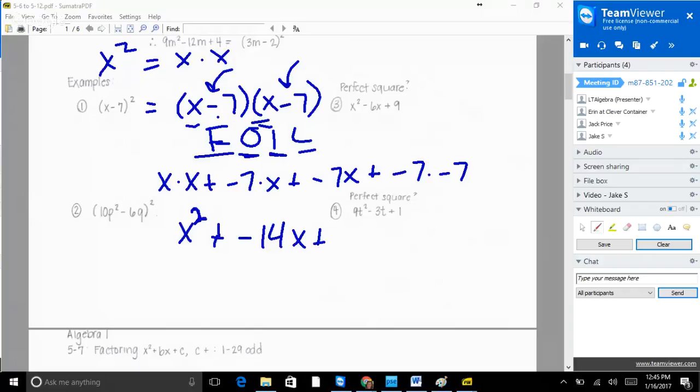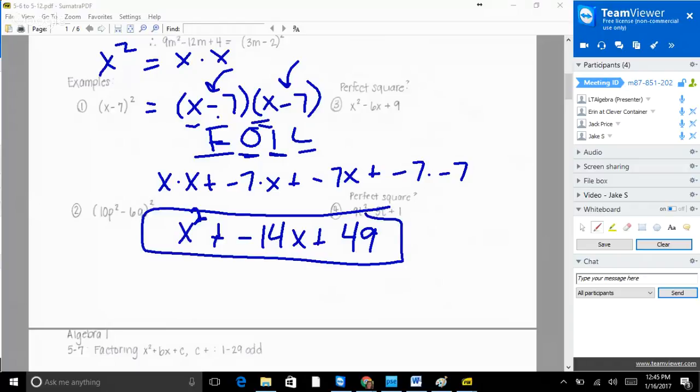And then -7 times -7 is going to give us +49. This is where that list of perfect squares is going to come back in handy. Remember, 7 times 7 is 49. You want to know 7 squared is 49.